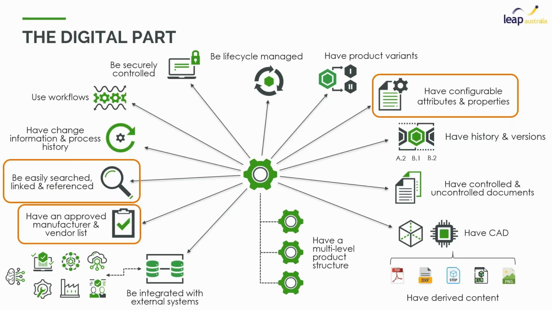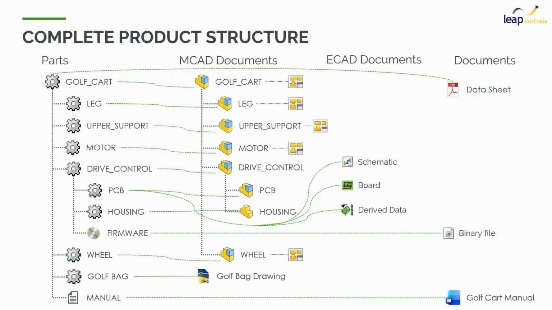Okay, so this comes down to, again, our part definition. I'm going to go back to this diagram again. We did talk about how we can define these different parts to represent our business objects, what we make, but that we can create different types of parts. So in our golf cart example, in our bill of materials, we have all these mechanical parts here.